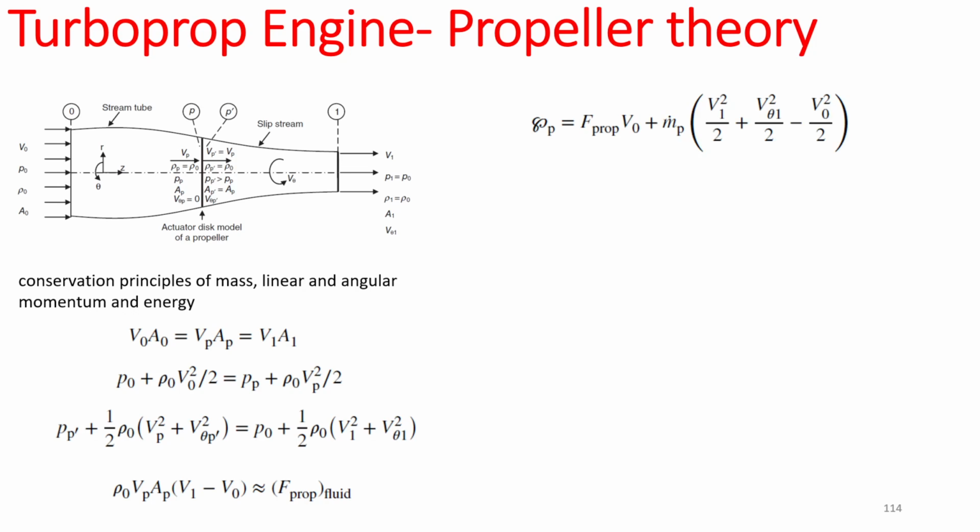Okay, let's move on. The shaft power can be calculated by this equation. We have the force of the propeller multiplied by V naught, which is the thrust power, it's a power term to recall, plus the changes in momentum.